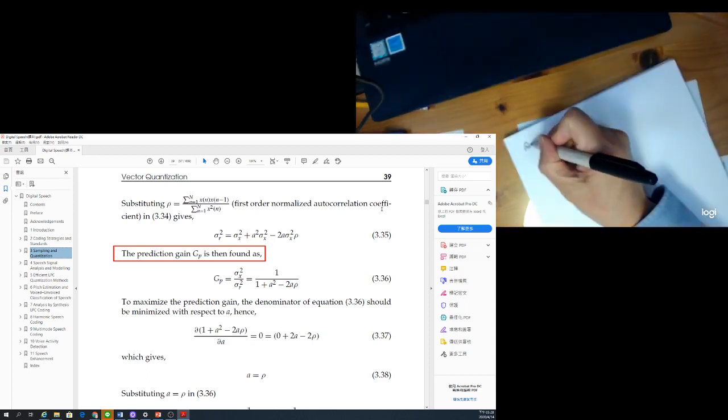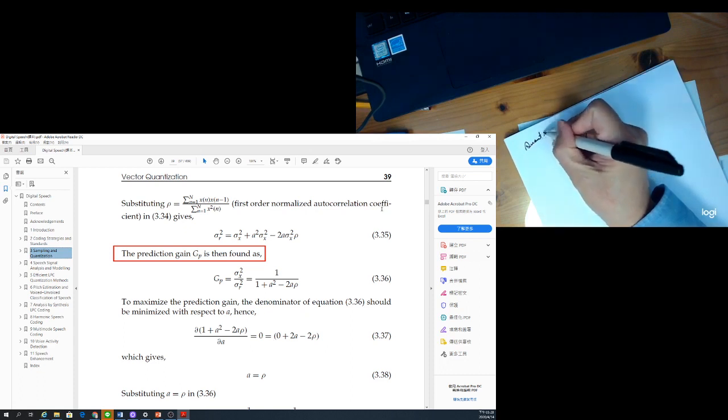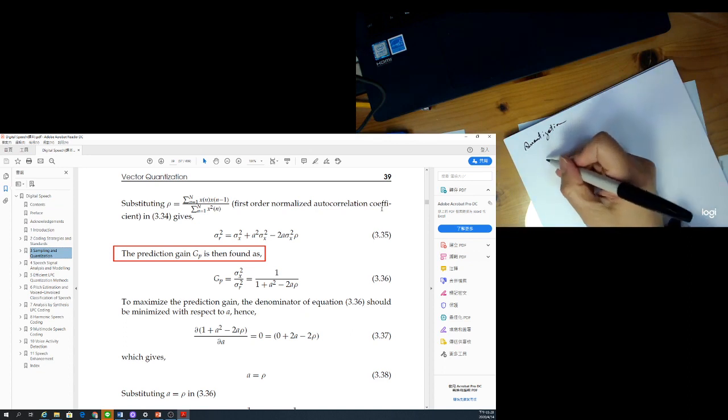The main idea here is quantization. The first issue is the original signal.